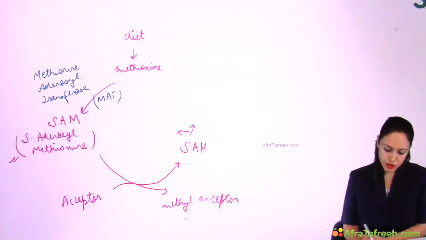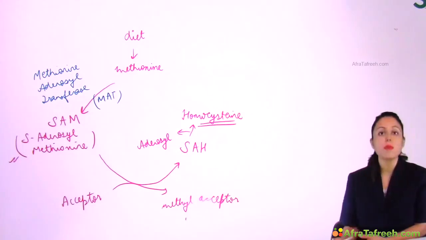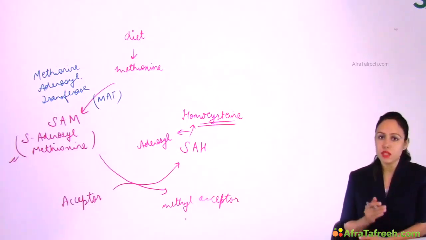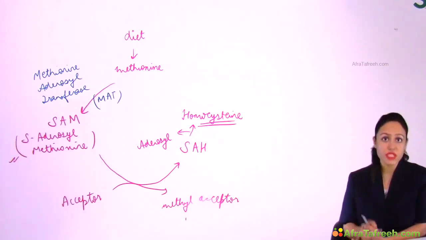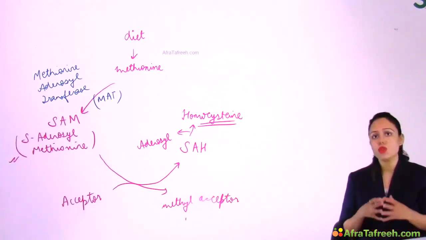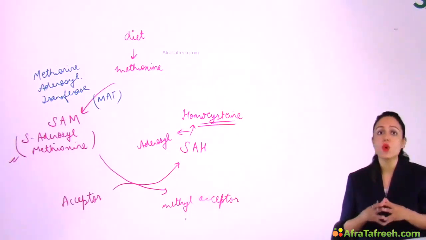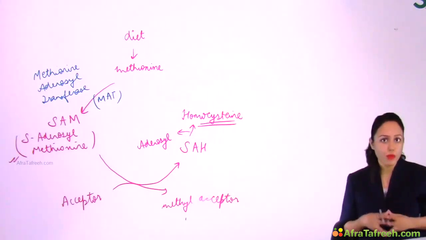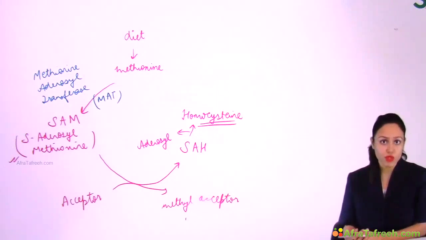S-adenosyl homocysteine will lose this adenosyl group and will be converted to homocysteine. Homocysteine is a dangerous compound in body. It is causing dangerous vascular diseases if accumulated in the body. So in a normal body, this substance is not allowed to get accumulated. So there are 2 ways of metabolism of this dangerous compound homocysteine.